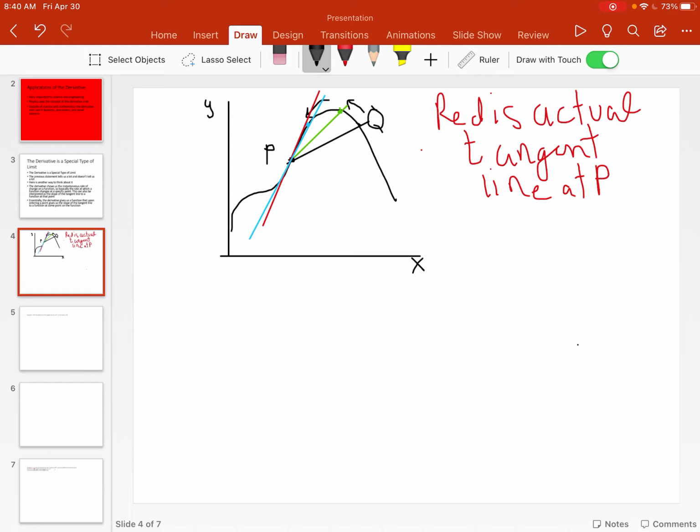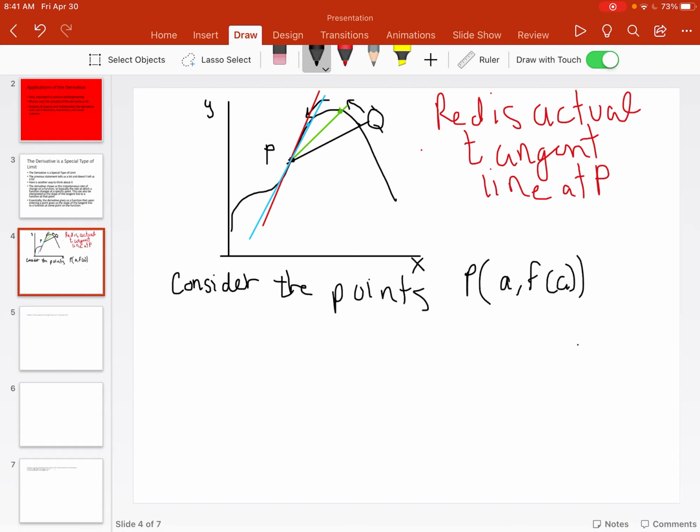Now, consider two points. Consider the points P, which is at (a, f(a)), and Q, which is at (x, f(x)), where x is not equal to a.